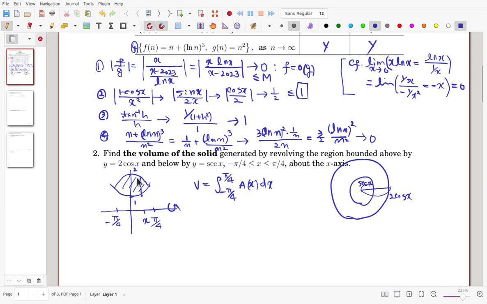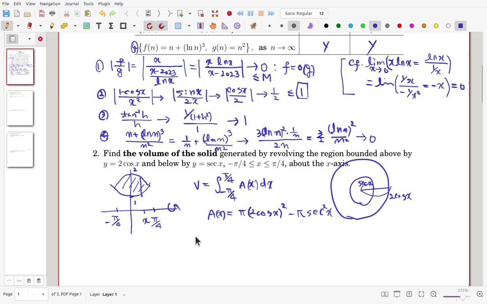So the area is the same as pi large R squared minus pi little r squared, that is pi times 2 cosine x squared minus pi times sec squared x, right?